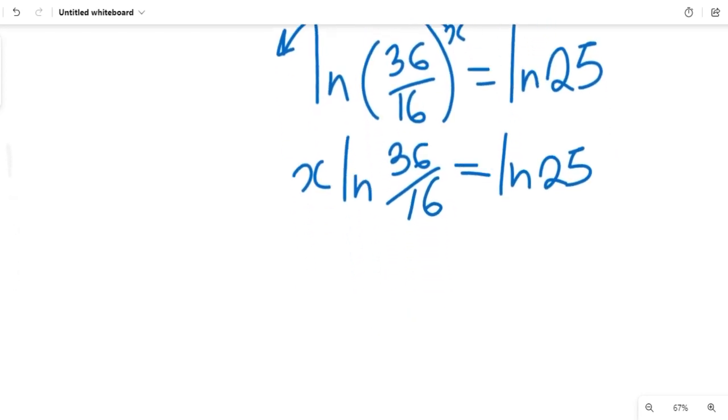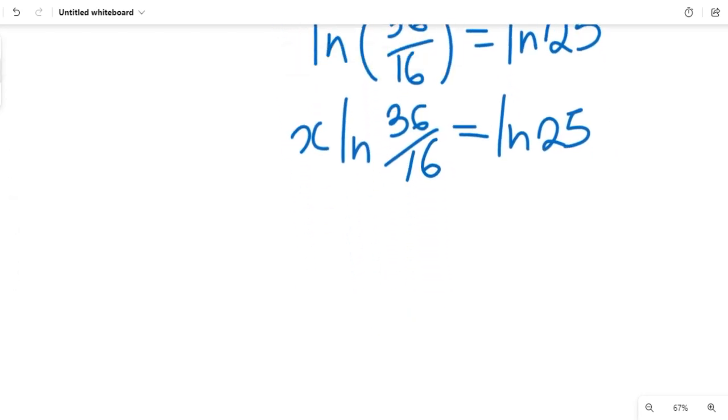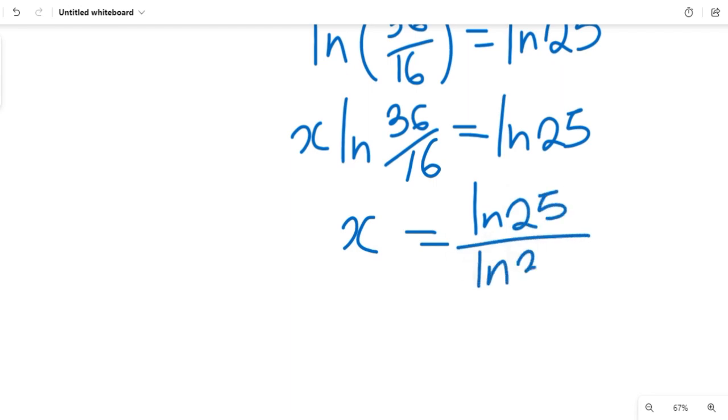Now, if we divide both sides by the natural log of 36 divided by 16, we'll have our x equal to the natural log of 25 divided by the natural log of 36 divided by 16.